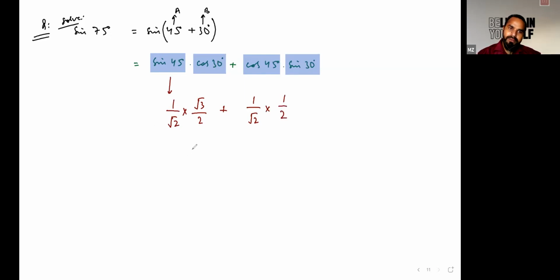So this becomes √3 by 2√2 plus 1 by 2√2. Now just see, we have the same denominator for both parts, so we can write (√3 plus 1) divided by 2√2.